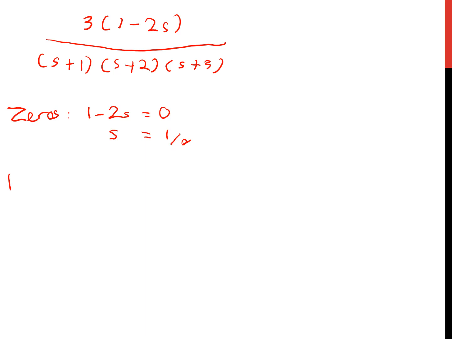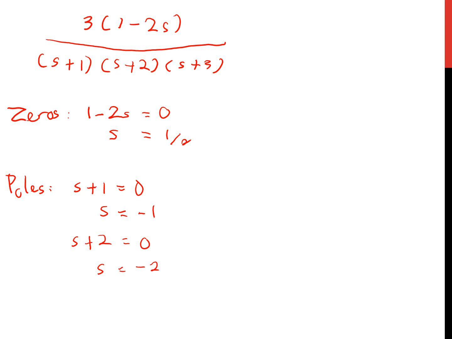For the poles, you have 3 time constants here: s plus 1, s plus 2, s plus 3. So that means you have 3 poles. s plus 1 equal to 0, so s equal to negative 1. s plus 2 equal to 0, so s equal to negative 2.